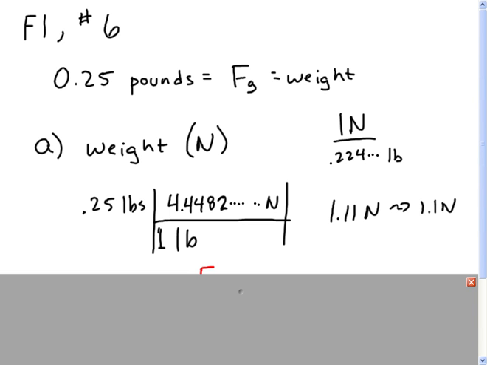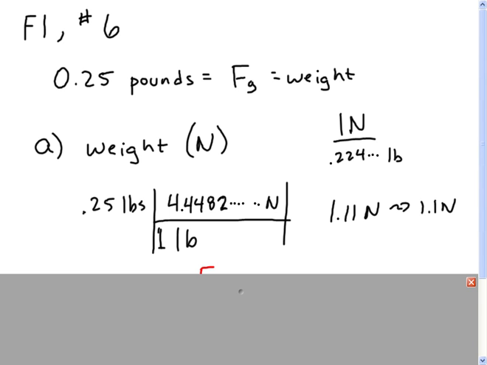All right, do you see that 4.44 divided by 1 would be the same amount as 1 divided by 0.2248? It doesn't matter which version of this conversion factor you use. You came up with the same correct answer, didn't you, Chris? Okay. But you can't mix and match these. It's one version of this conversion factor or the other. So you can see why I call quarter pounders Newtoners, because it's just about 1 newton.